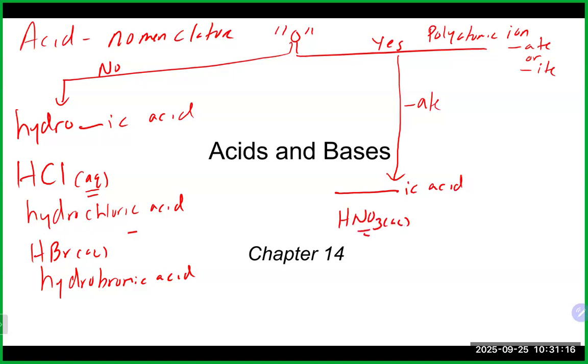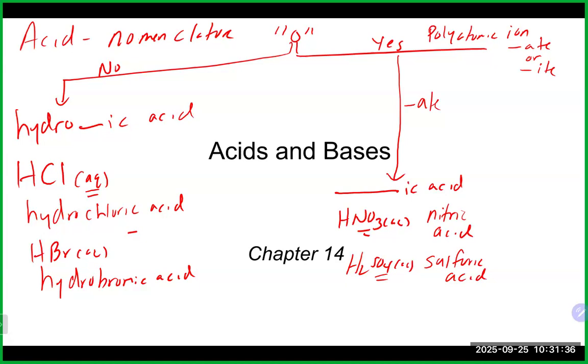NO3 is nitrate, and this would be nitric acid. H2SO4: SO4 is SO4 2 minus, which is sulfate. That'll be sulfuric acid in this case.